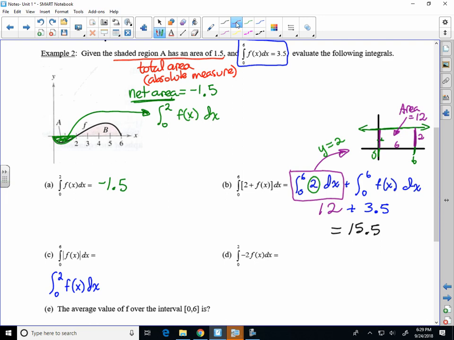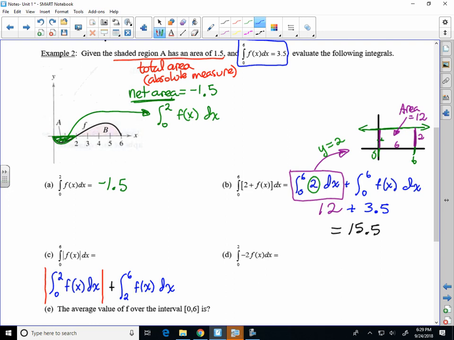That gave a negative number, so I'm going to put absolute value on this, plus the integral going the rest of the way, from 2 to 6 of f of x dx. Based on the picture, we already know that this one's going to be positive, so we're in good shape there.